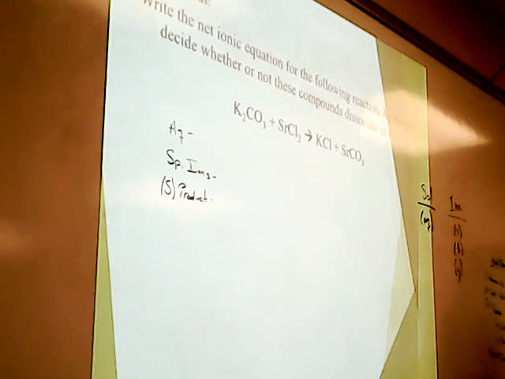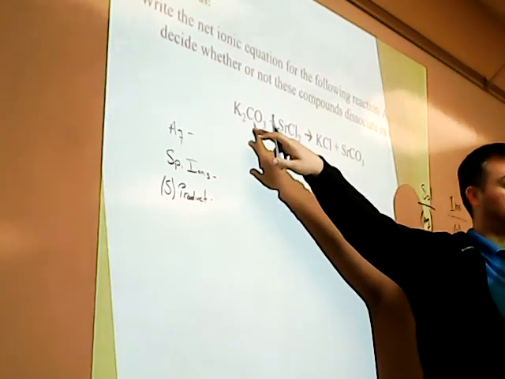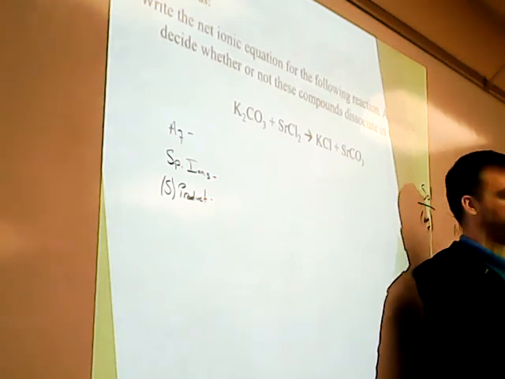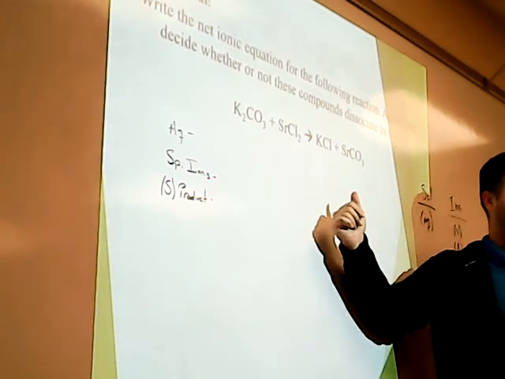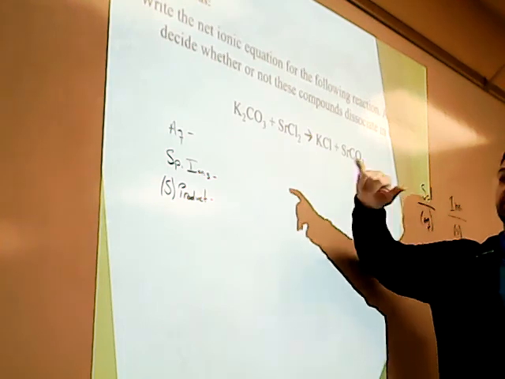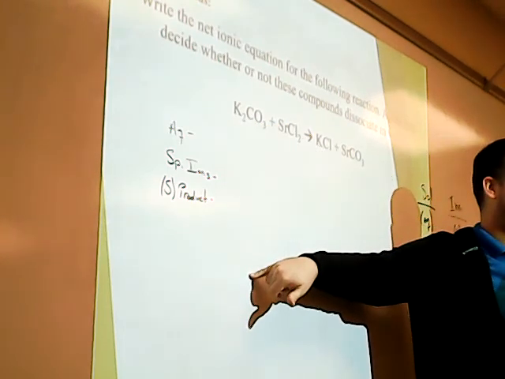Sebastian, give me one. K2CO3, potassium carbonate. Now, on your answer choices, I might say potassium carbonate, which means if you don't know how to go from the formula into the name, that could be a problem for you.